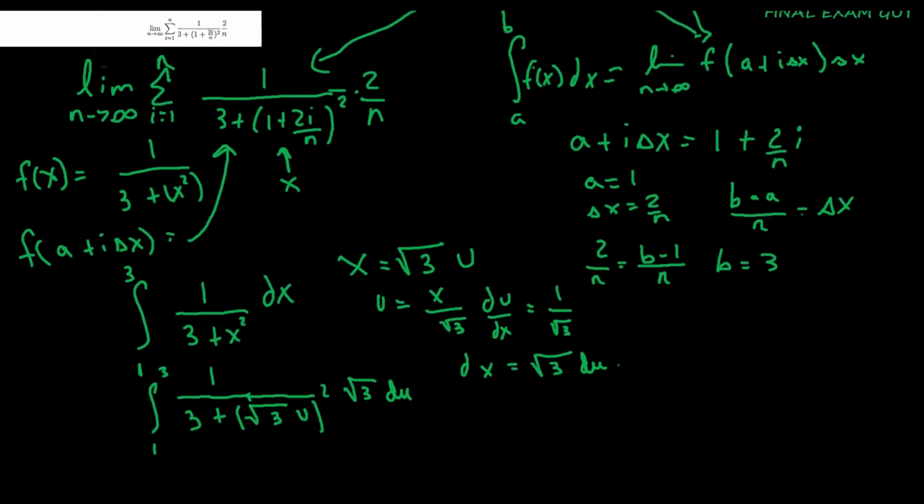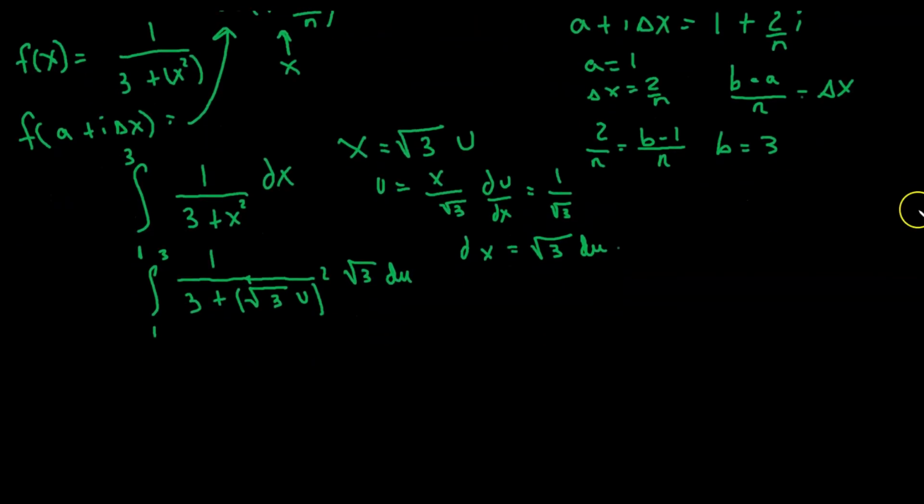Now if I distribute this squared term here, 1 over 3 plus 3u squared, and this root 3 times root 3 du.